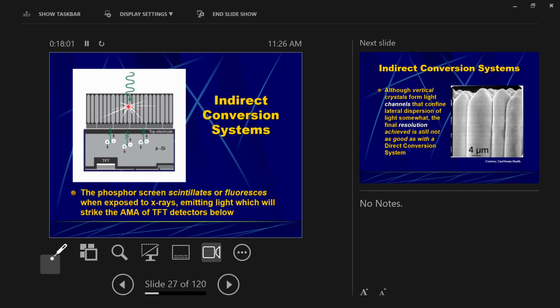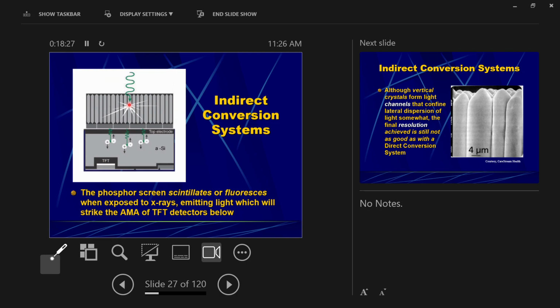Some things we know about all forms of light, including X-rays: they like to spread out. When you turn on a light bulb, the light spreads out. So when a single X-ray photon strikes the crystals and converts to visible light, there's a spreading effect of the light.